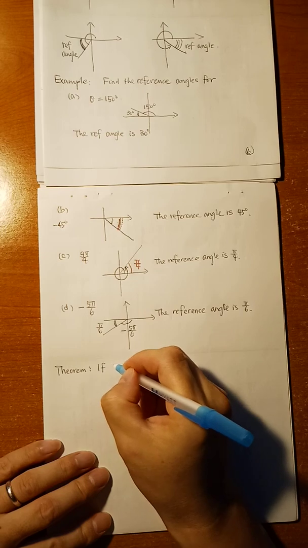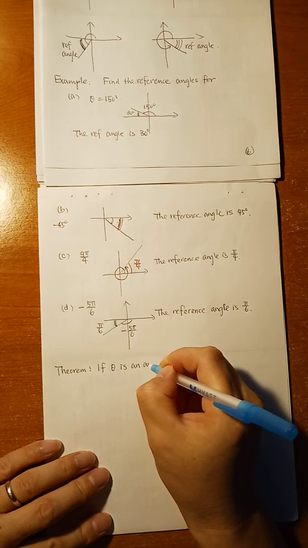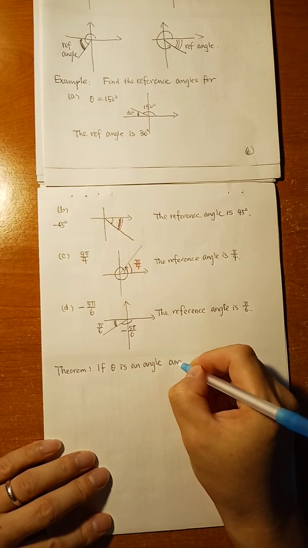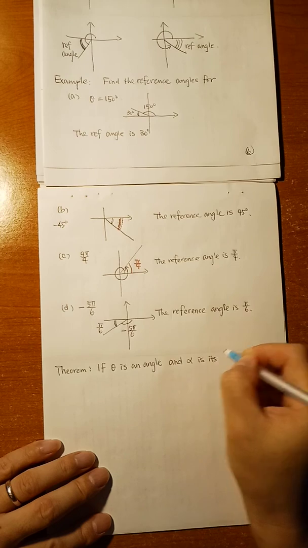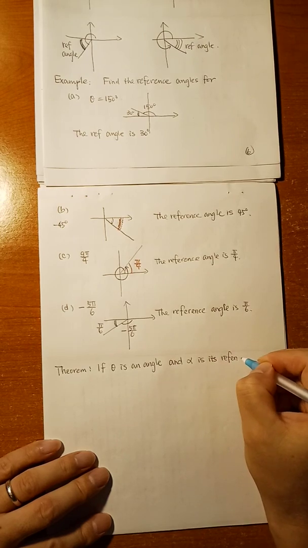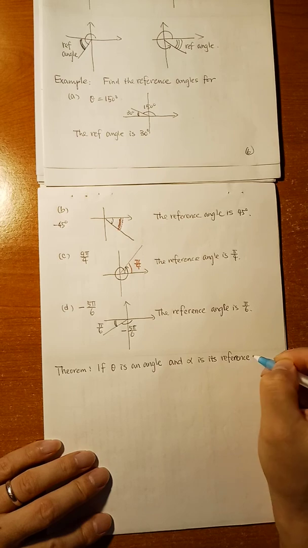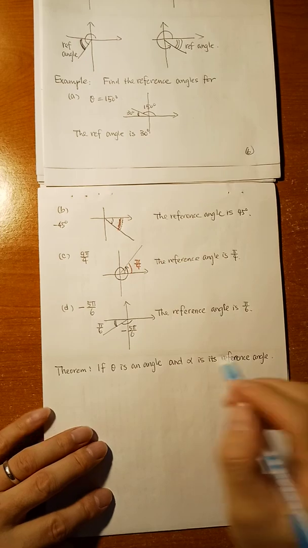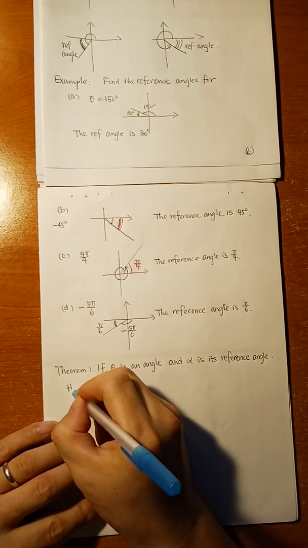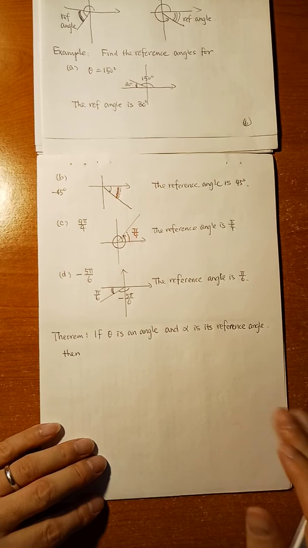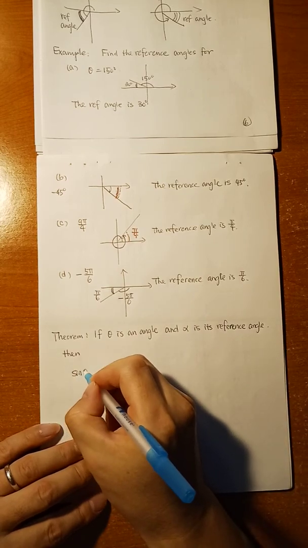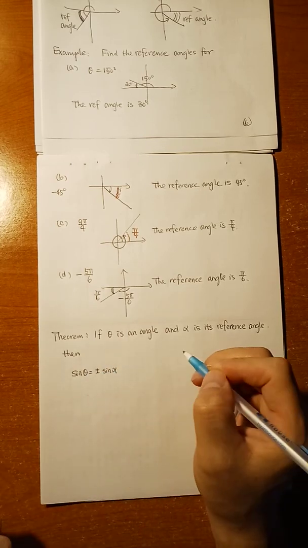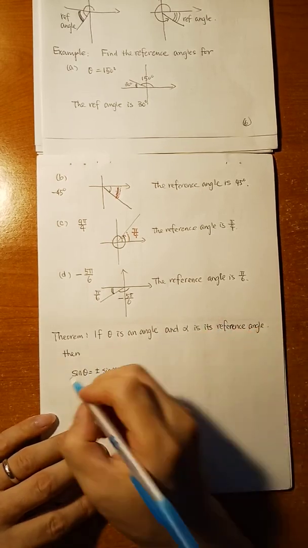If theta is an angle and alpha is its reference angle, then sine theta is plus or minus sine alpha.